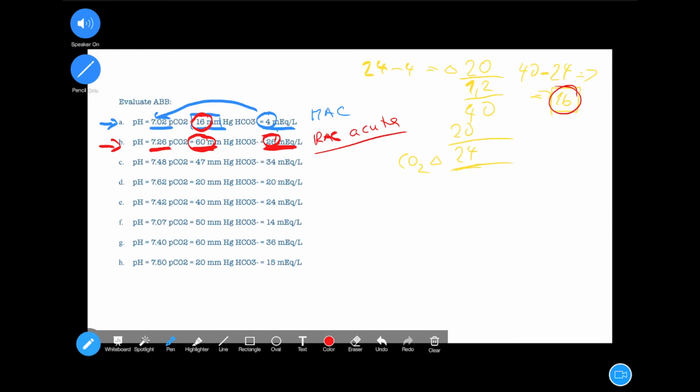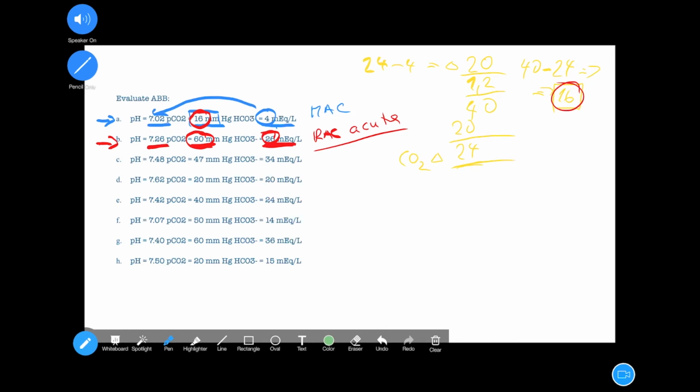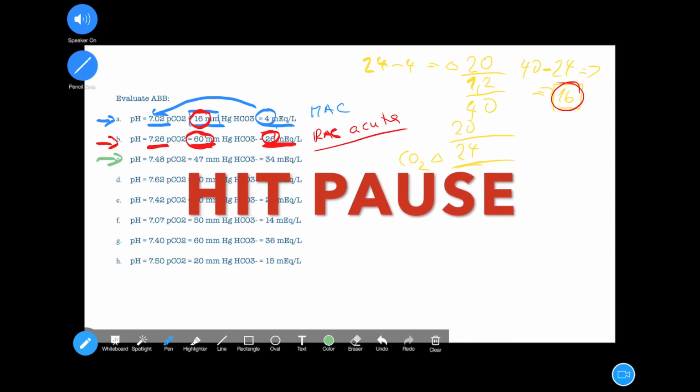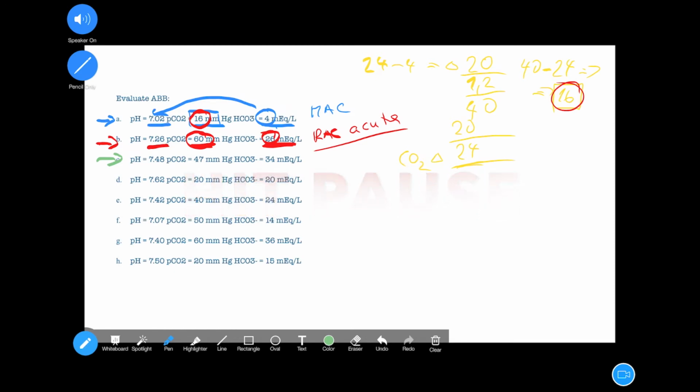Okay? So, and if we look at this case over here, pH is high, so that's alkalosis. And then we're finding the one which combines with it, and it's increased bicarb. So that means it's metabolic alkalosis.